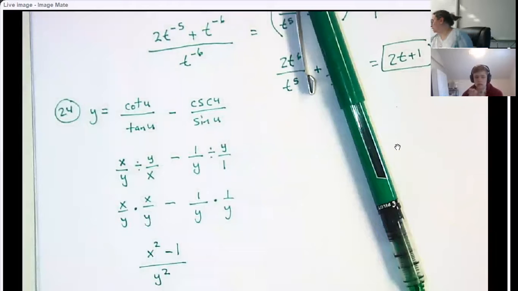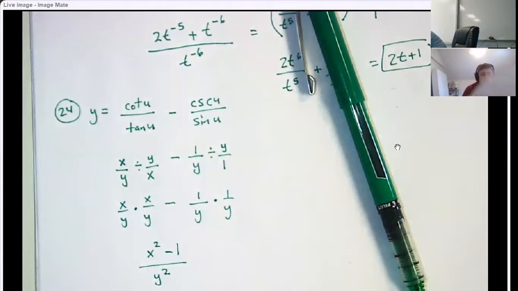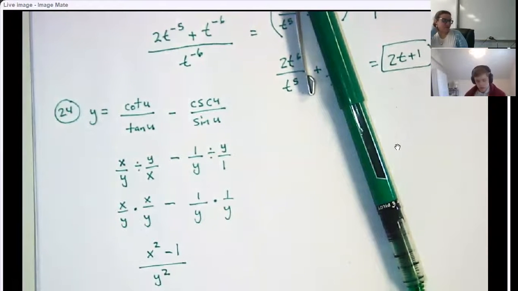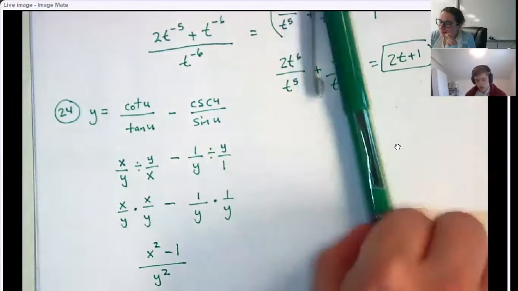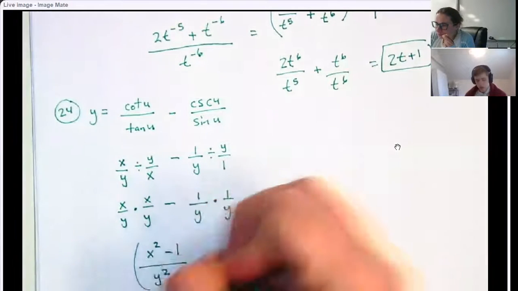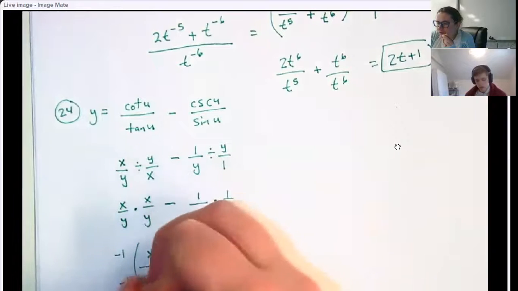And isn't that something on the front page of the unit circle? X squared minus 1? Or is it 1 minus x squared? It's 1 minus x squared. Well, then let's just change it. So multiply the whole thing by a -1 on the top and the bottom, right?